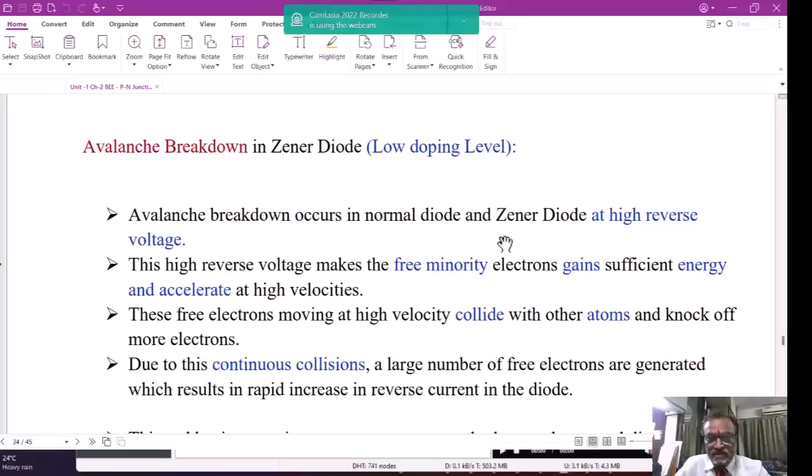Whereas Zener diodes are specially developed to operate in reverse breakdown region, and therefore they can be operated in breakdown region at high voltage also.